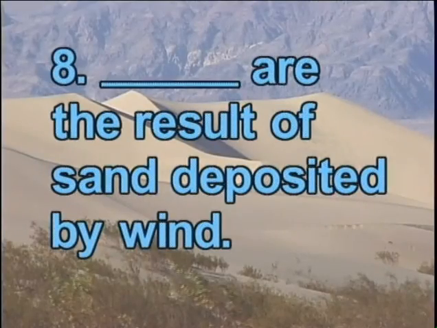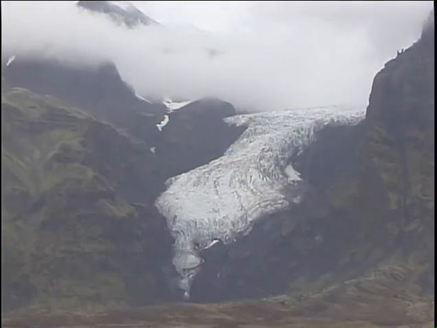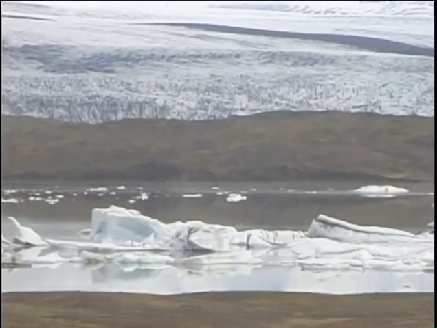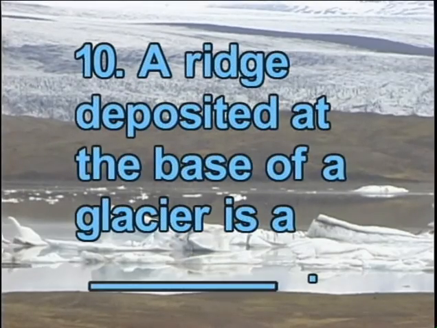Number 8. Are the result of sand deposited by wind. Number 9. Are moving bodies of snow and ice. And number 10. A ridge deposited at the base of a glacier is a.